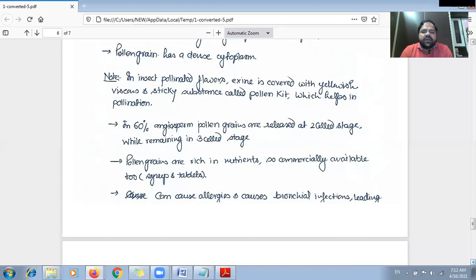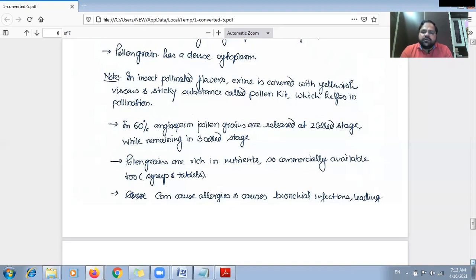The pollen grains are rich in nutrients, so they are commercially available in the form of syrup and tablets. We can get nutrition from the pollen grain also, because it contains nutritious material.